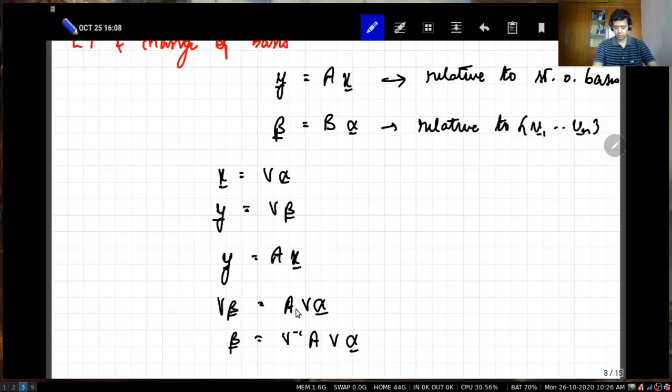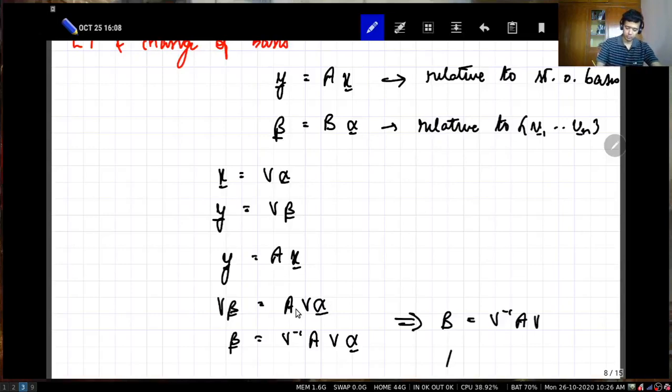And note that this holds for all vectors alpha and beta. So for all vectors alpha in Rn, this particular relationship holds, and therefore this implies that the matrix B is equal to V inverse A V, right?